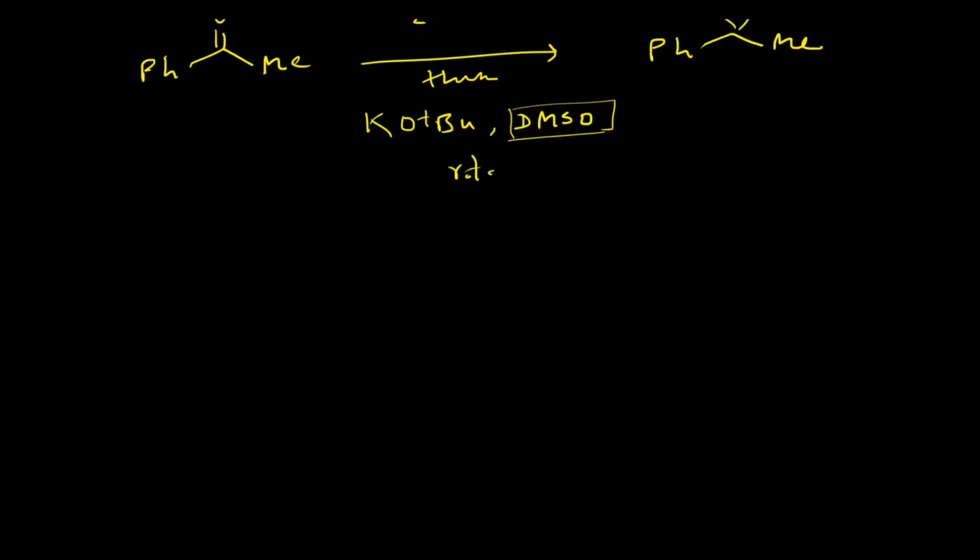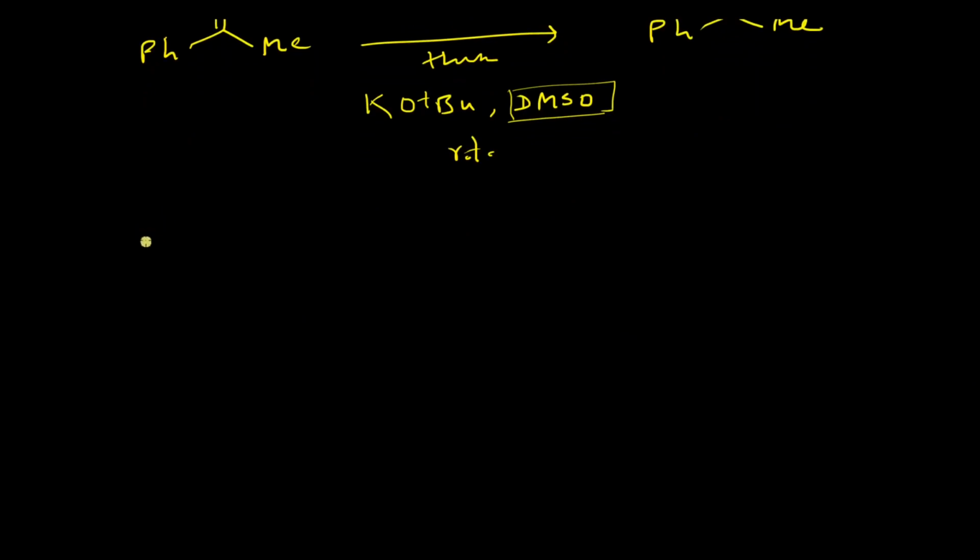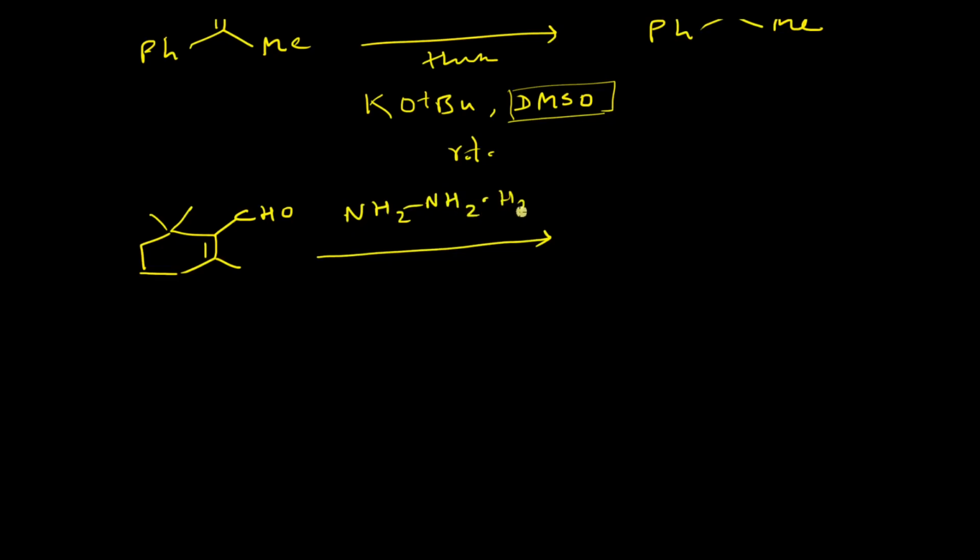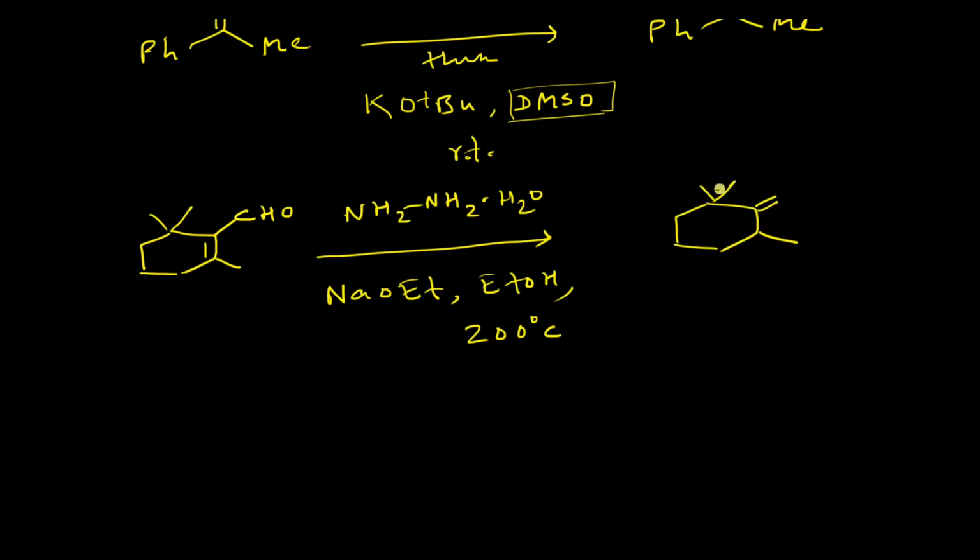Now let us consider an example of an alpha beta unsaturated aldehyde. So if we take this particular aldehyde and react it with hydrazine hydrate, and then treat it with sodium ethoxide in ethanol medium, and if the reaction temperature is 200 degrees centigrade, we should obtain this particular product.